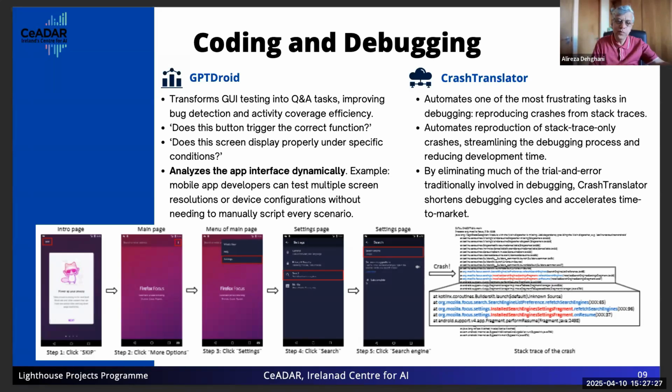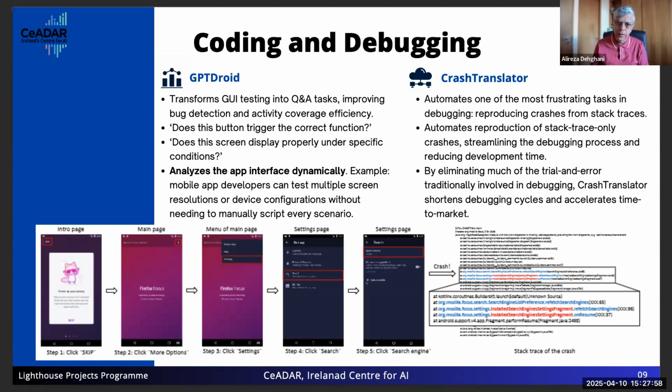You fix it, you let users or your testers work with it, you look at the crash script to see whether the problem has been fixed, and then you iteratively try to fix it. Now, using Crash Translator, you can automate the process. You can read the stack trace, fix it, and then replicate the crash scenario until you come up with a solution that fixes the problem. That's a very interesting part.